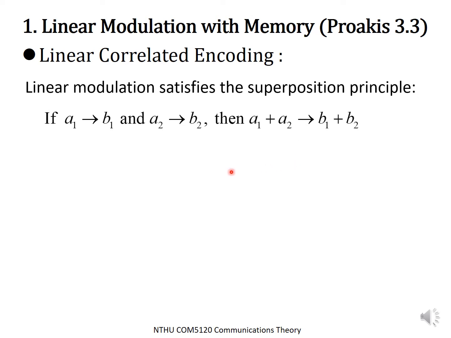The superposition principle is that if we modulate on input A1 and the output is B1, and if we modulate on input A2 and the output is B2, and then if we modulate on the superposition of A1 and A2, and the output symbol is B1 plus B2, then we say this modulation is linear, that it satisfies the superposition principle.